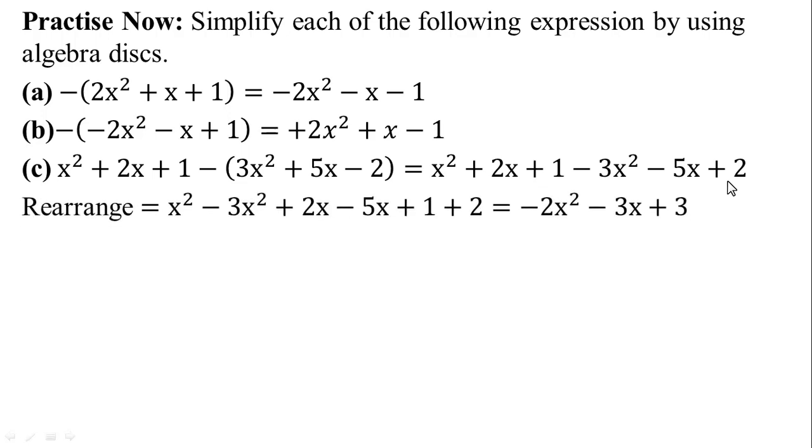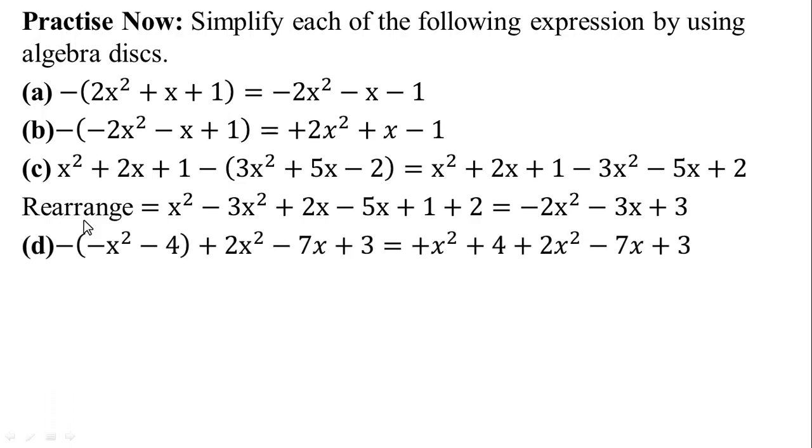Now rearrange the values, then we have x square minus 3x square plus 2x minus 5x plus 1 plus 2. So the answer is minus 2x square, and 2x minus 5x, the larger term has negative, so minus 3x. 1 plus 2 answer is 3. Then the final answer of C part is minus 2x square minus 3x plus 3.